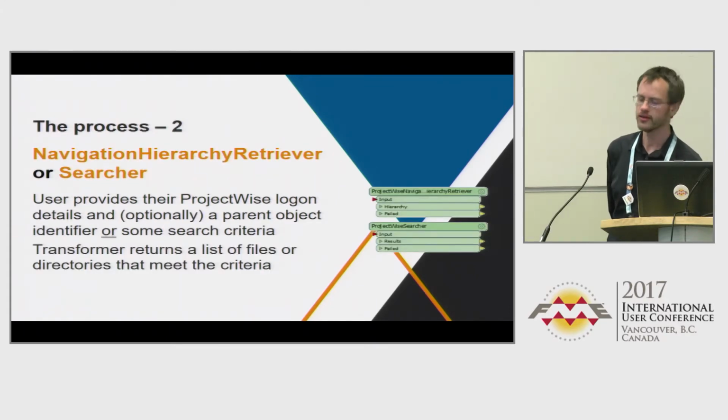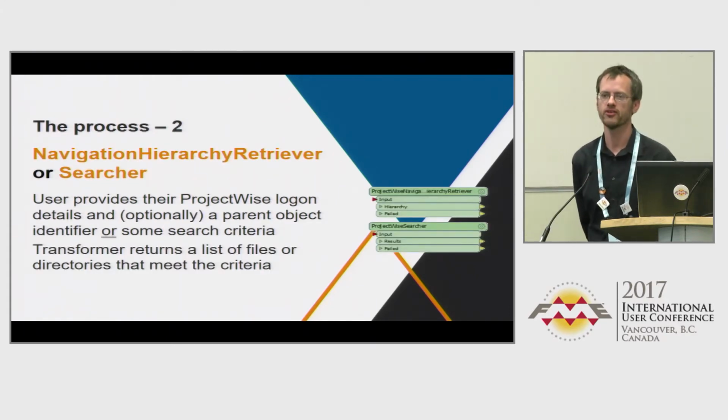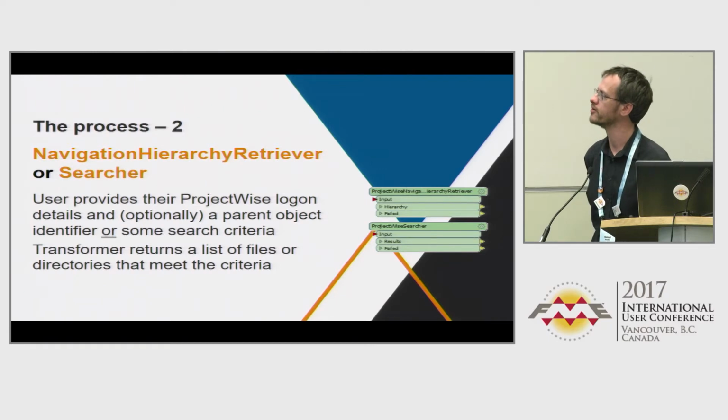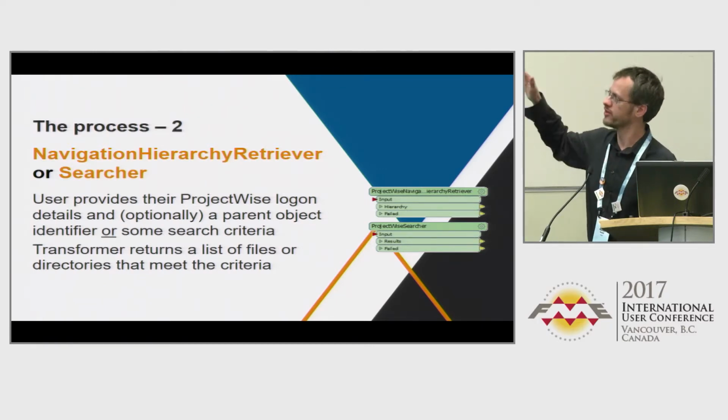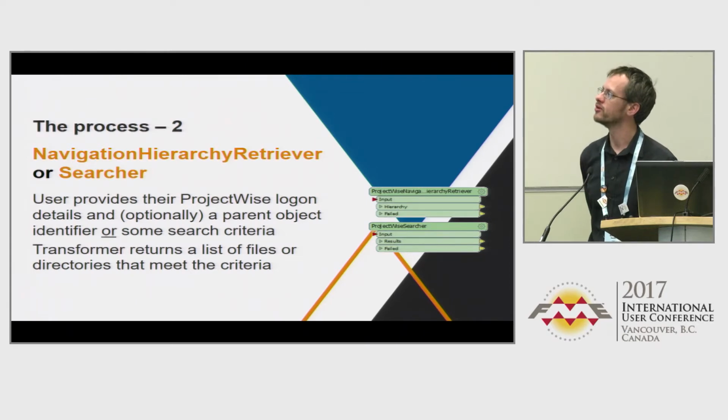Once you've got that, you can then poke around in the navigation hierarchy within ProjectWise. So you will provide one of these two with the information that you got from the previous transformer and also all your logon details for ProjectWise.